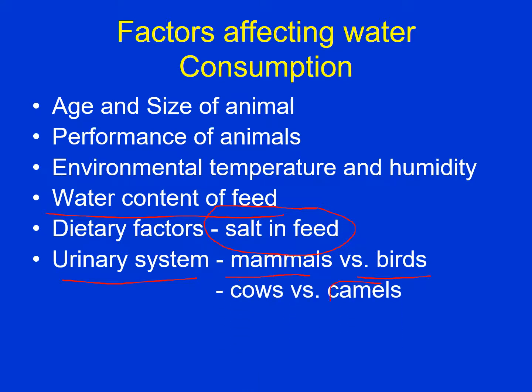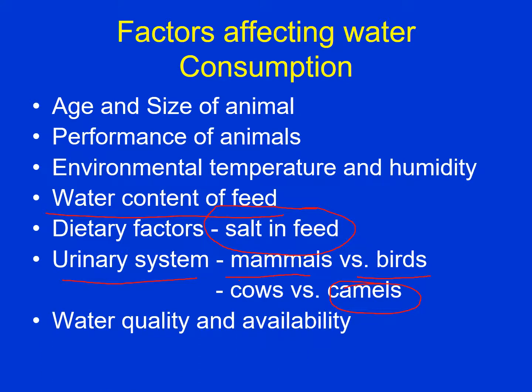Definitely, if we're talking about camels, they need less water to get the urinary system working properly. And then, affecting consumption, if water is not available, obviously animals drink less. If the water quality is bad, they're going to drink less.